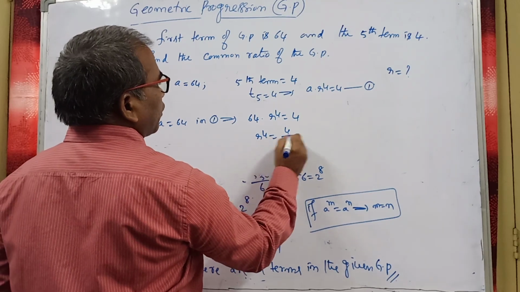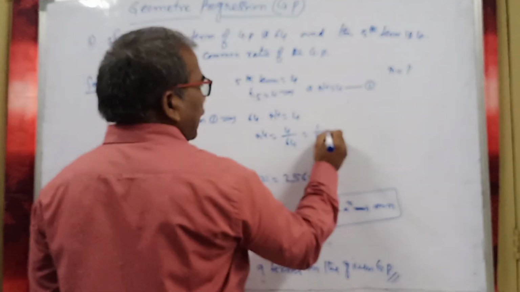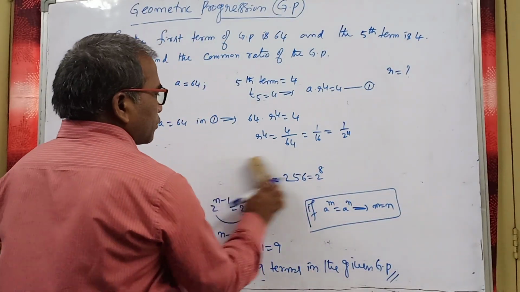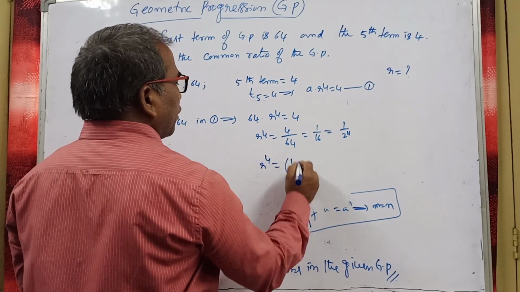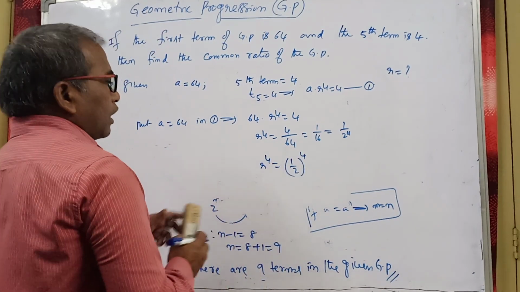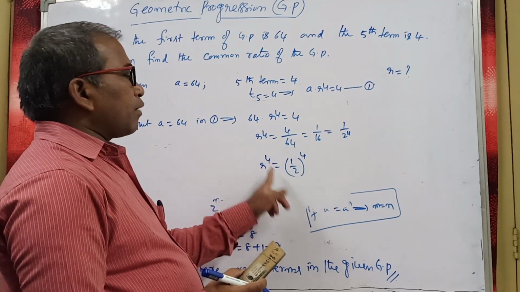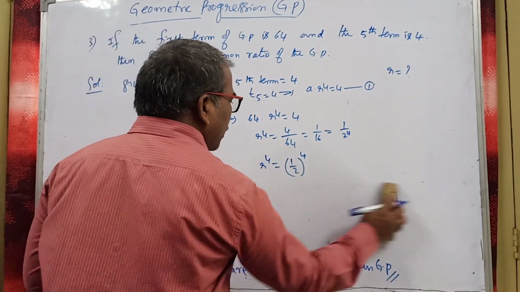R power 4 is equal to 4 by 64, 1 by 16. Shall I write 1 by 16 as 1 by 2 power 4? So finally, R power 4 is equal to 1 by 2 power 4. When powers are equal, bases are equal.